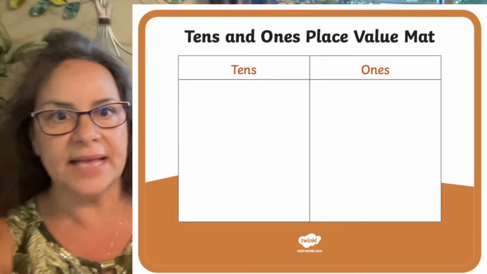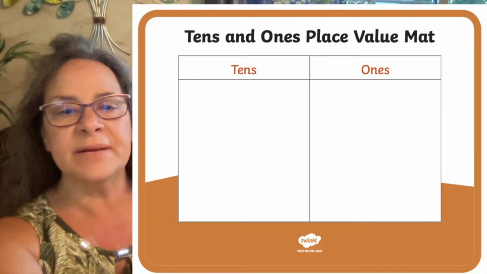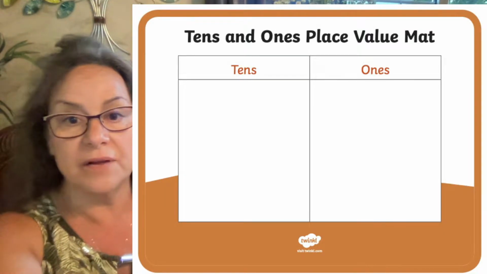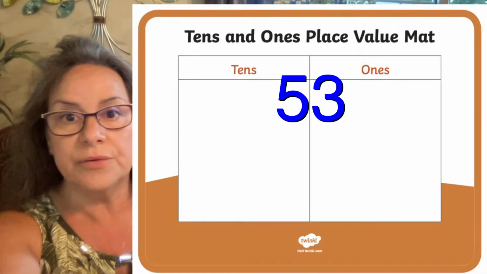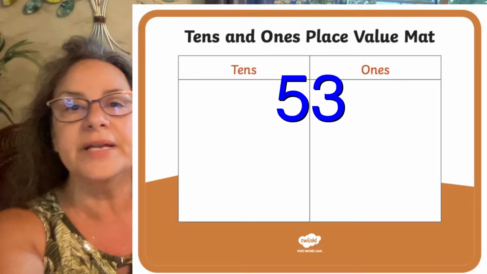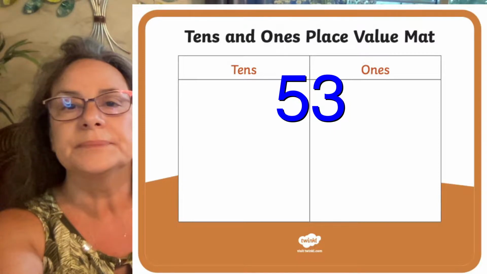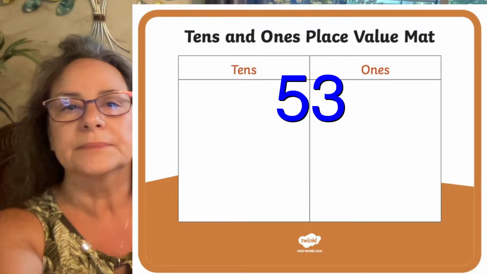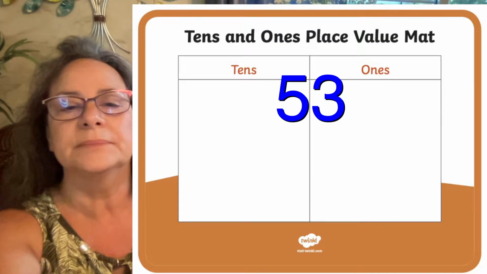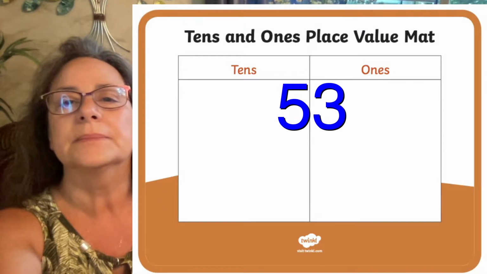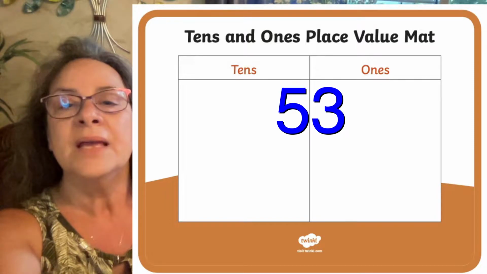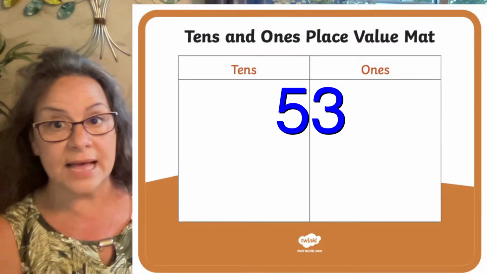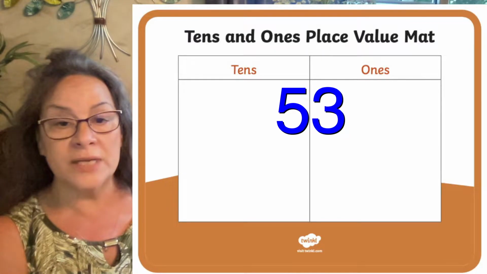Today we are on day 53 of our class, right? So there we are, day 53. You can see I have it divided, the 5 in the tens column and the 3 in the ones column.